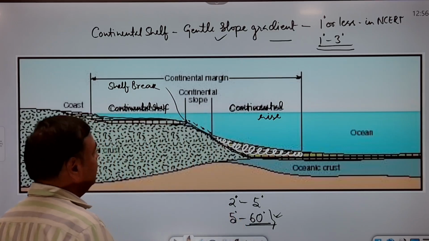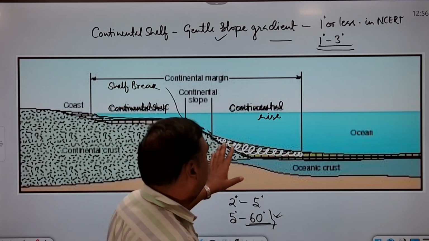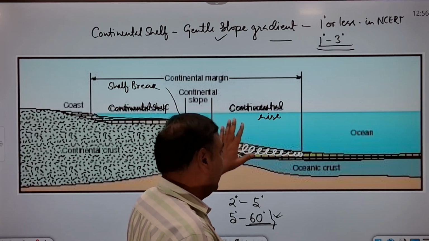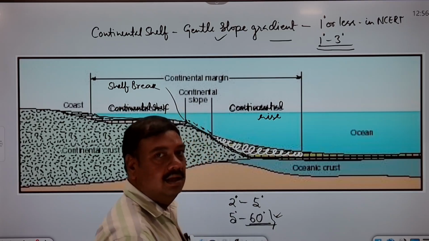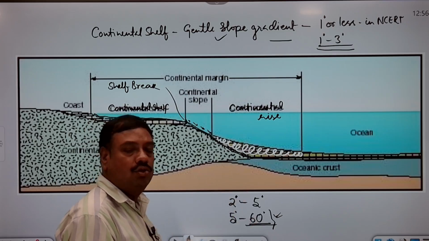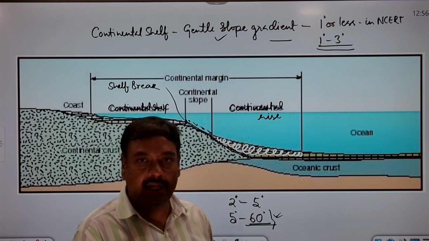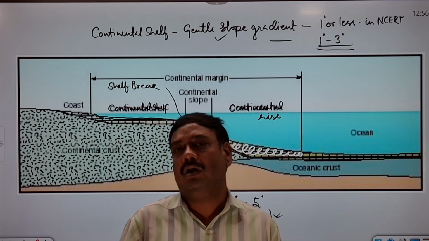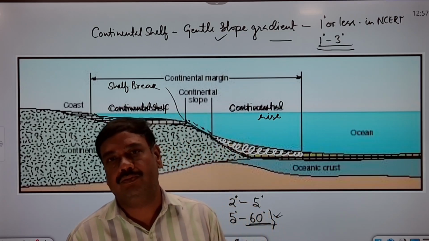So, if it is said here, you can say the continental rise is basically formed on the part of the continental slope, or on the end or bottom of the continental slope.